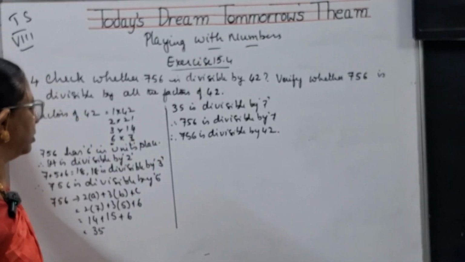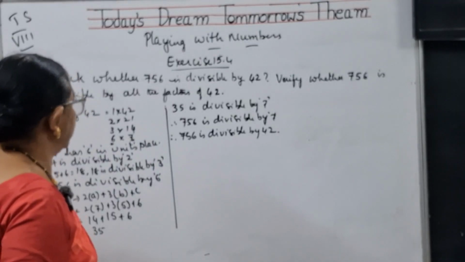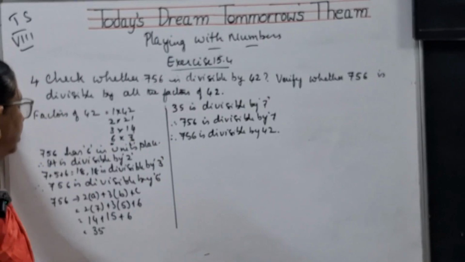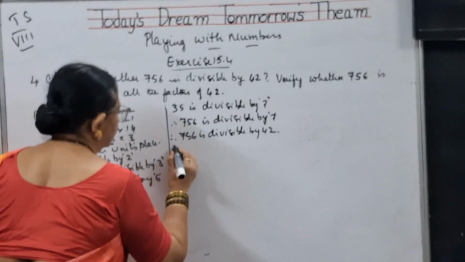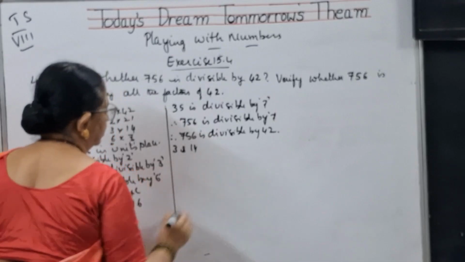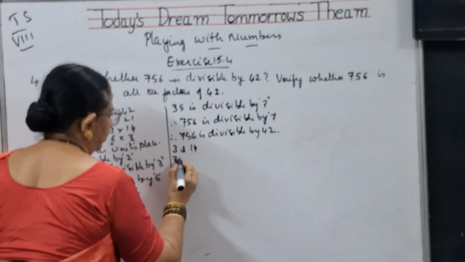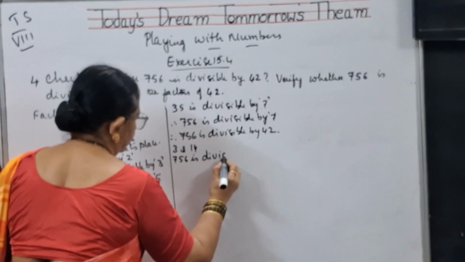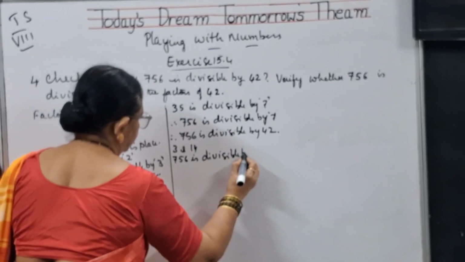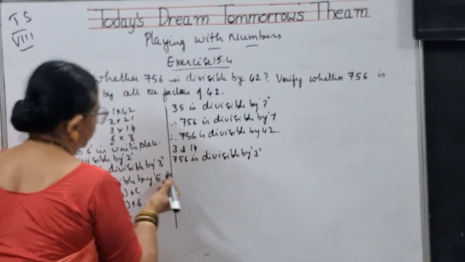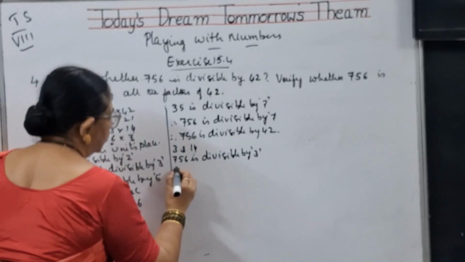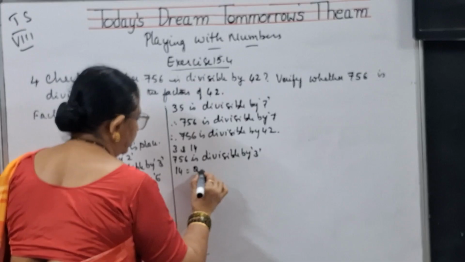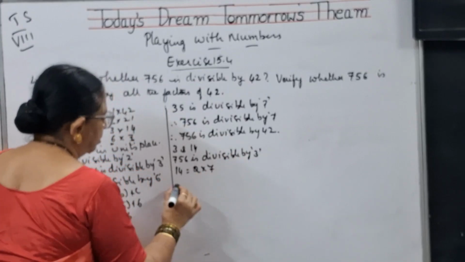The first part we have completed. Next, verify whether 756 is divisible by all the factors of 42. So the next factor, let me take 3 and 14. 756 is divisible by 3. We have proved it here. 14, we don't have any divisibility property. So take 14 as 2 into 7.